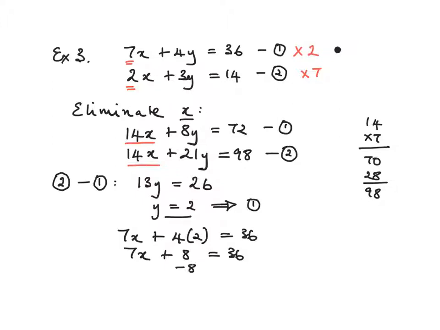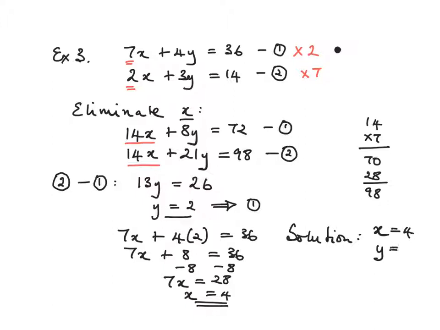Subtract 8 from both sides. 7x equals 28, and x then has the value 4. So the solution is that x equals 4 and y equals 2.